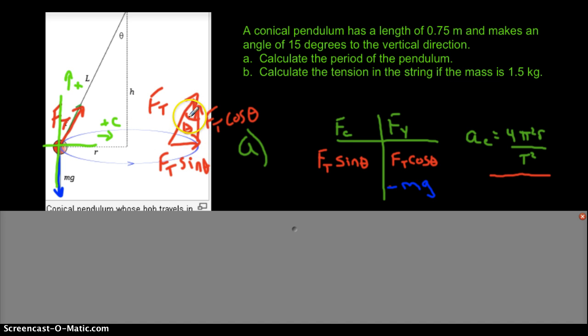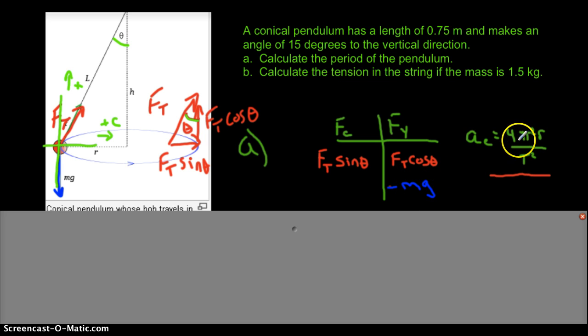Realizing that this angle right here is the angle we're making with the vertical, the component of the force in the centripetal direction would be the tension times the sine of the angle theta, positive because it's pointing towards the center, and the other component would be the tension times cosine of the angle theta, positive because it's pointing upward. And then the gravity vector is pointing in the negative y direction.